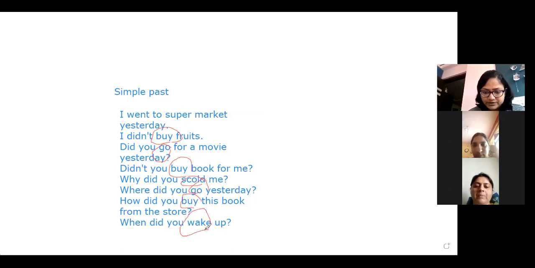So everywhere we are using which form of the verb? First form, because we have did. Whenever you have did in a sentence, you use first form of the verb, right?